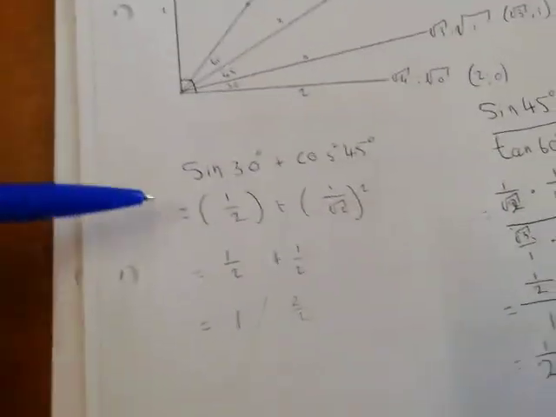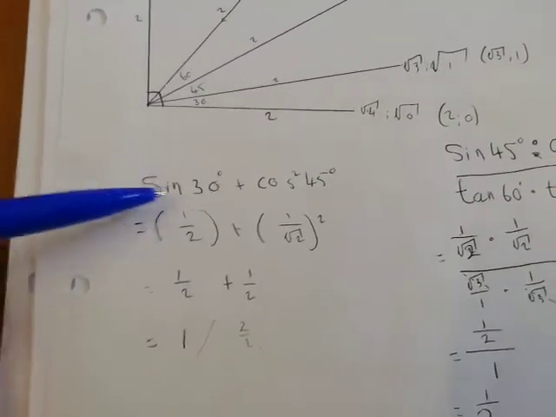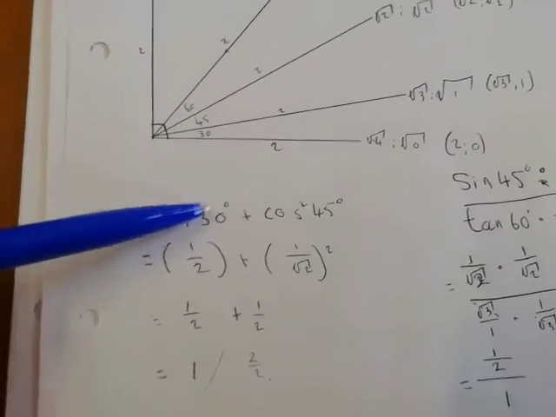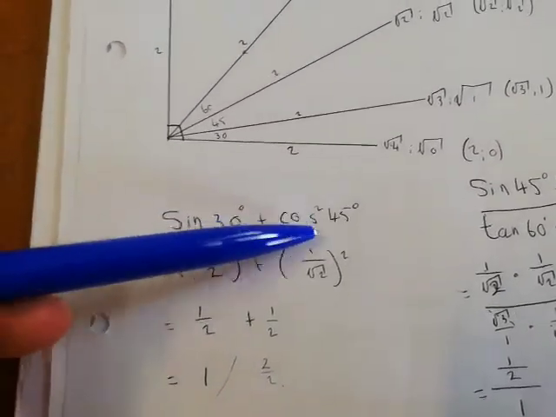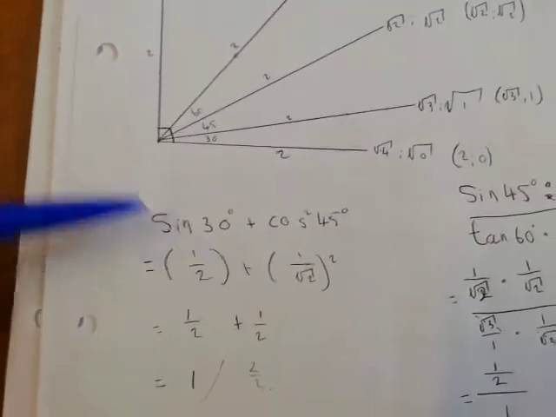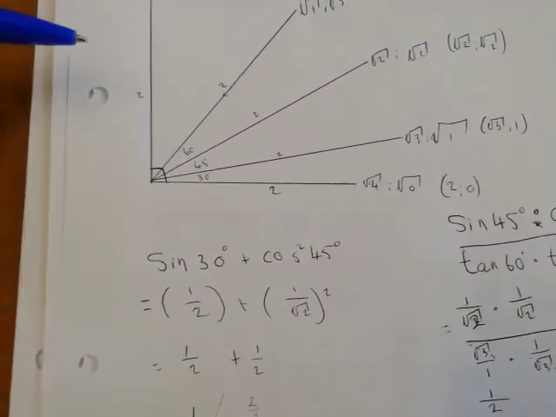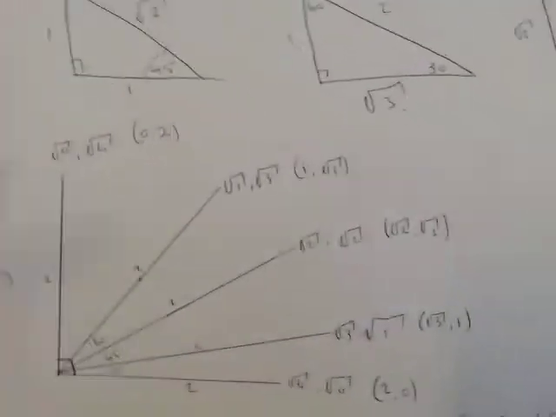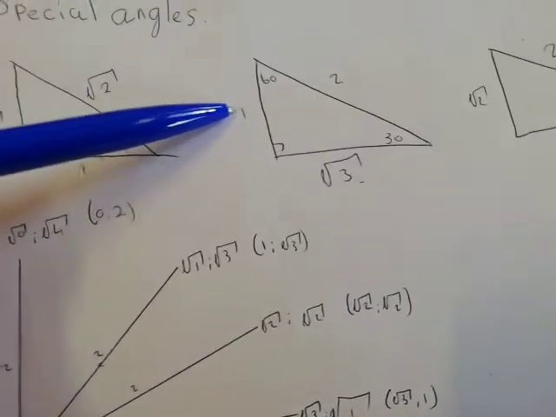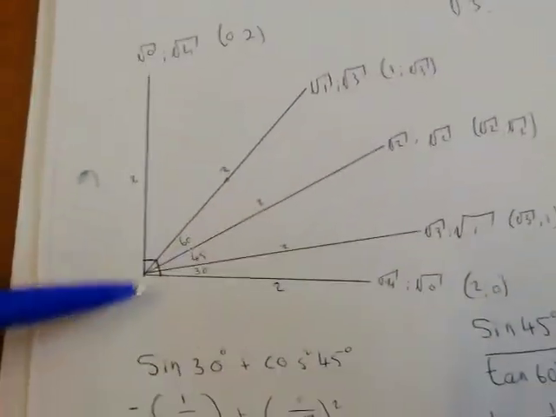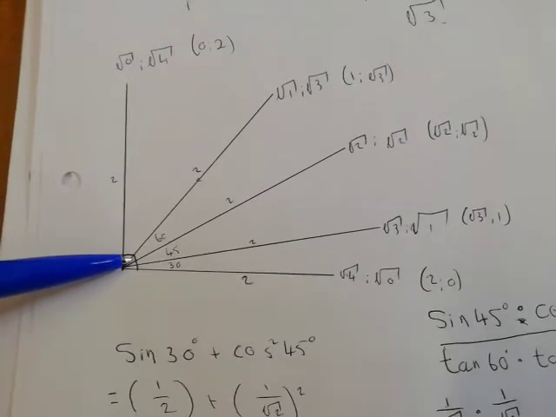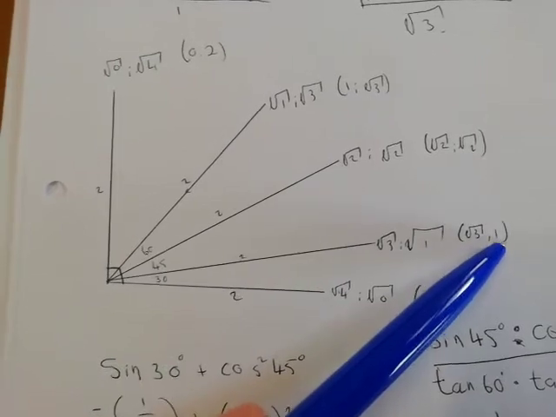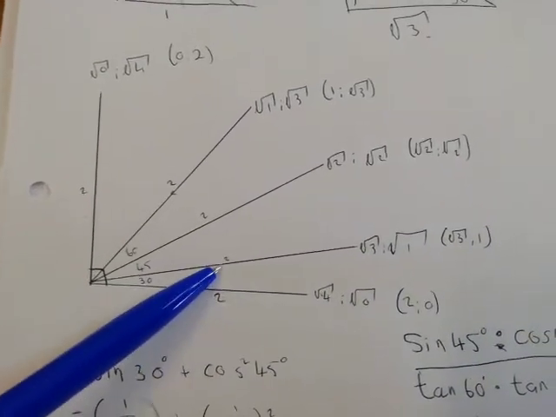So when you use this, they will give you special angles to work with. If they give you sine of 30 degrees plus cos squared of 45 degrees, you draw either your triangles or your quarter circle and you substitute. Sine of 30 is 1 over 2. So with your triangle, sine of 30 is y over r, so 1 over 2.